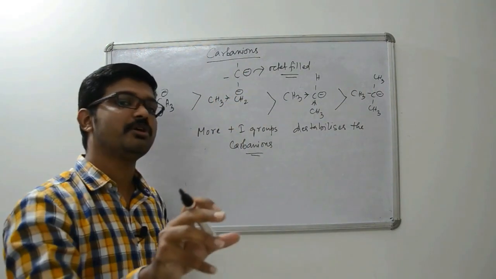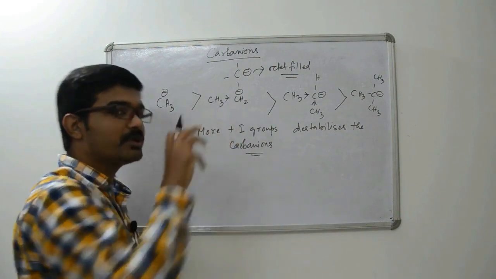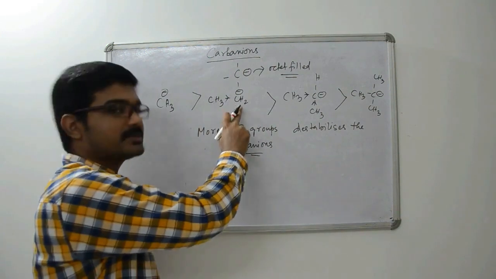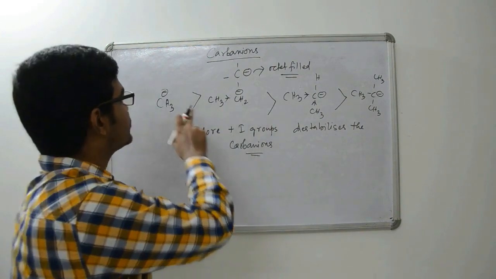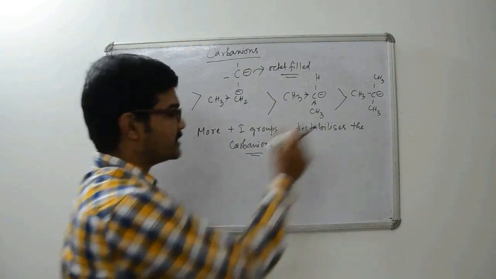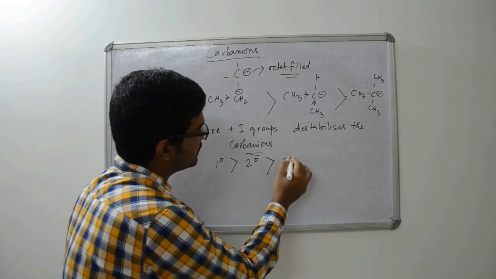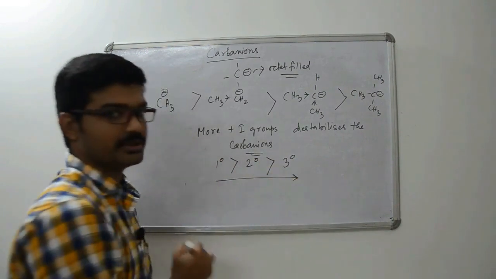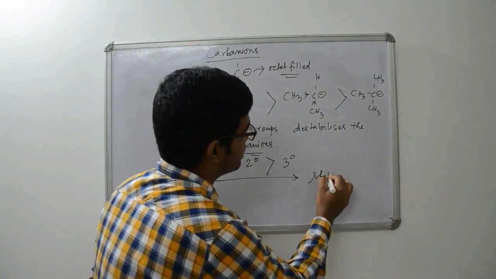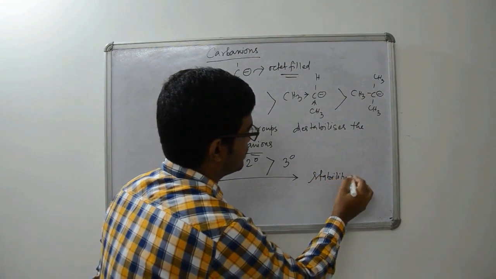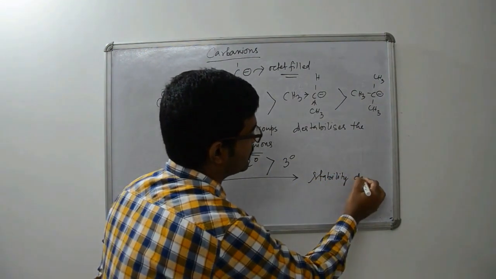Now the more the pushing of electrons, it will become more electron rich and it will become destabilized. So the order will follow this trend, that is 1 degree is more stable than 2 degree, followed by 3 degree. Stability in this way decreases.